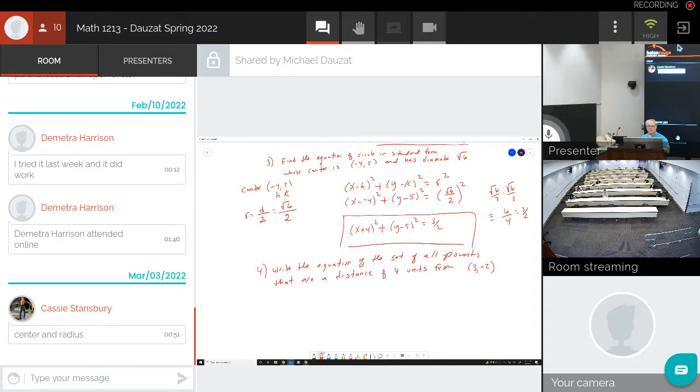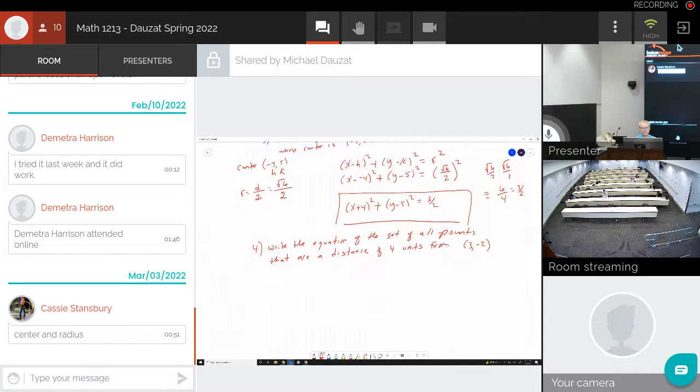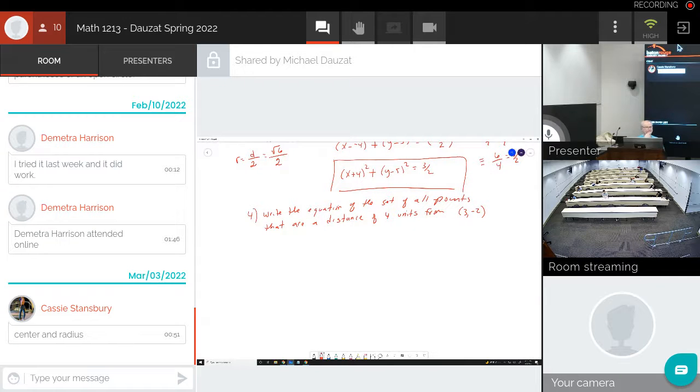So write the equation of the set of all points that are a distance of 4 units from 3, negative 2.